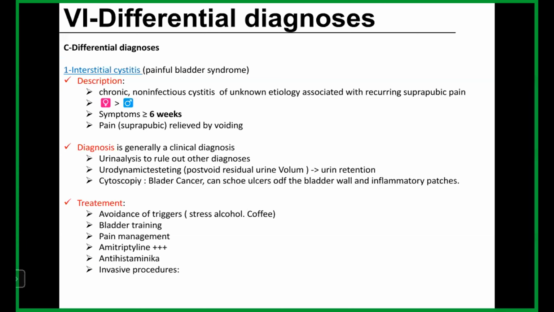The differential diagnosis. So in medicine, this is a nice and important part to see. Sometimes the patient comes with the same signs and symptoms. We should not see directly the infection. At the same time, we have to see, okay, if it's not the urinary tract infection, what could it be?